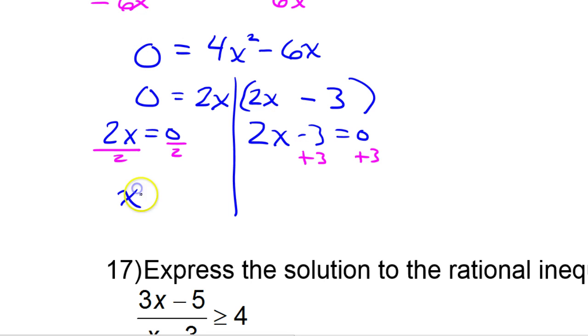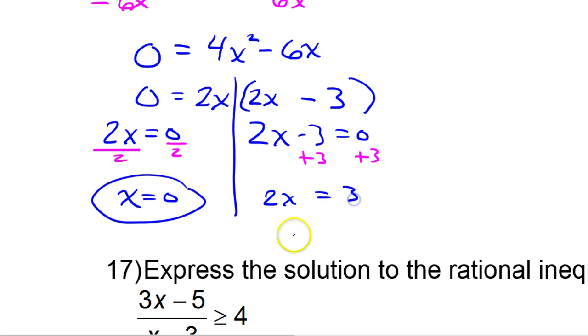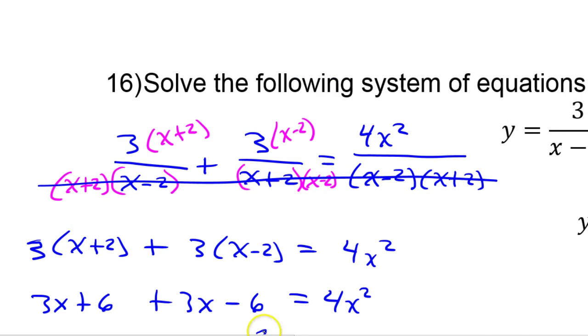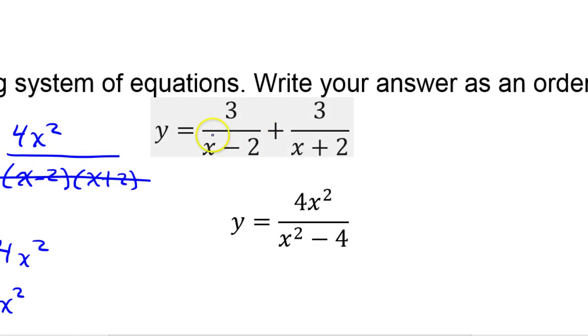So that's just going to give me x equals 0. And over here I have 2x equals 3. So x equals 3 over 2. Now this will not be my final answer. Okay, we didn't start off with this equation. We started off with y equals and y equals.